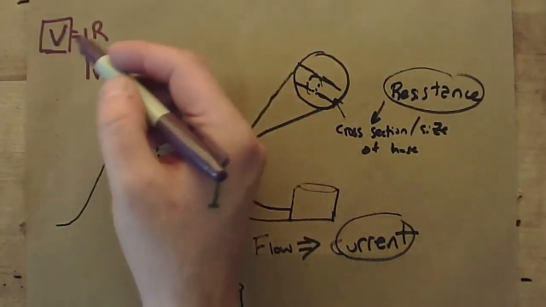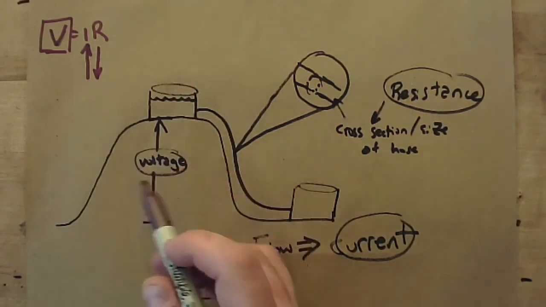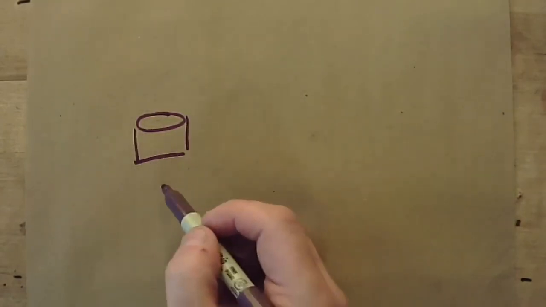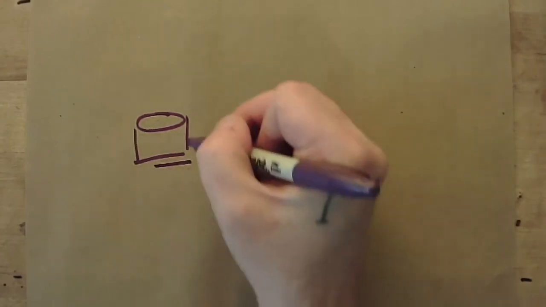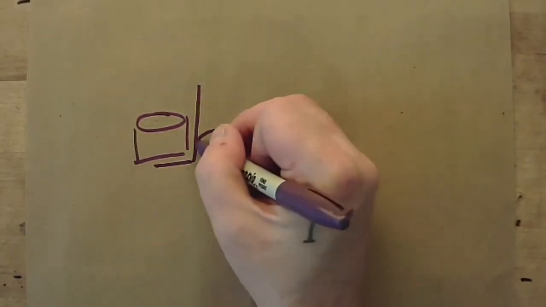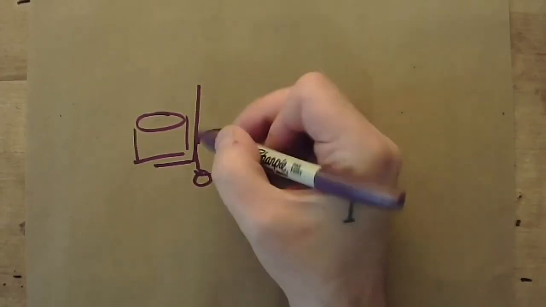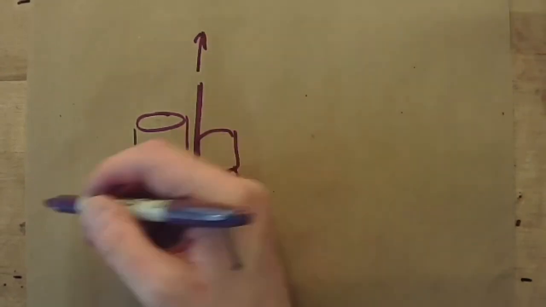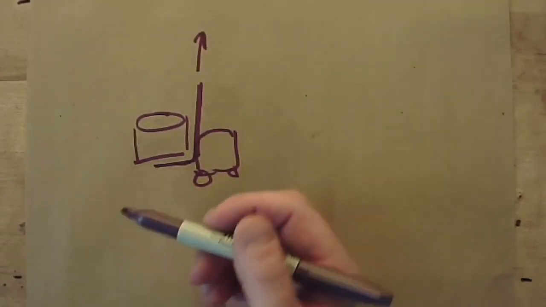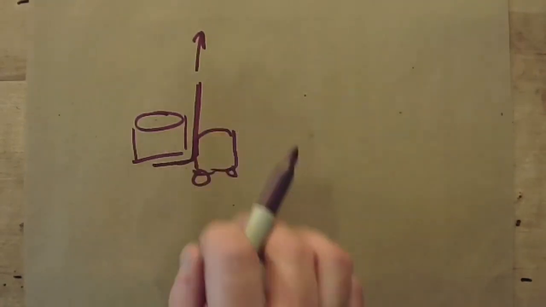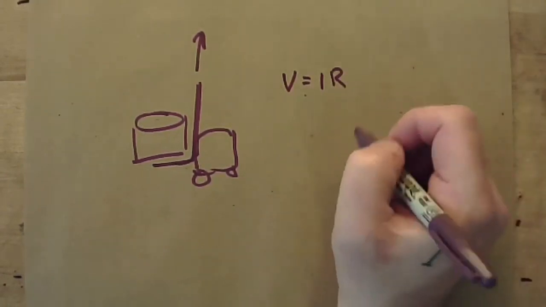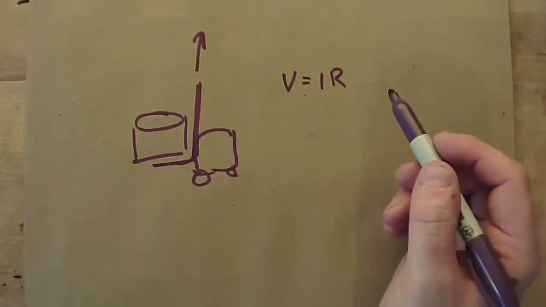Now, similarly, if instead of having this on a hill, we had our tub on a forklift. Let's see if I can draw a forklift real quick. Close enough. We had our tub on a forklift, and we could raise and lower this, and our hose was of a constant size.